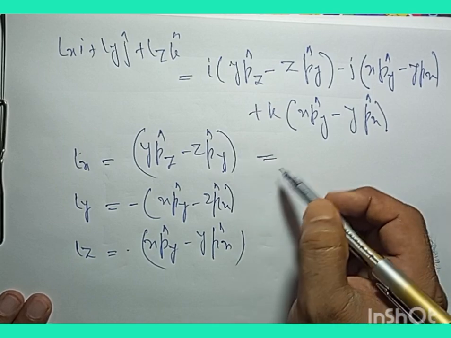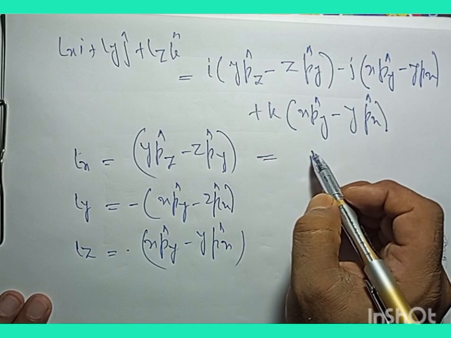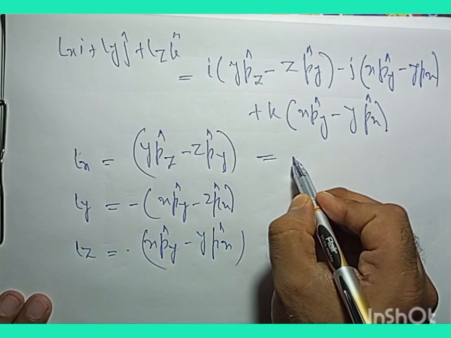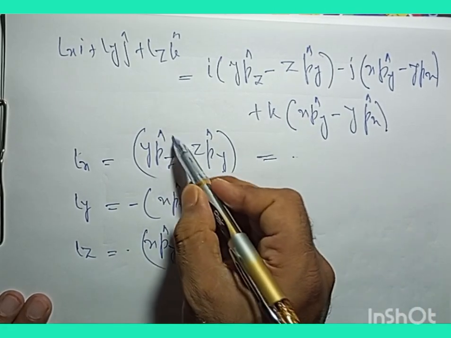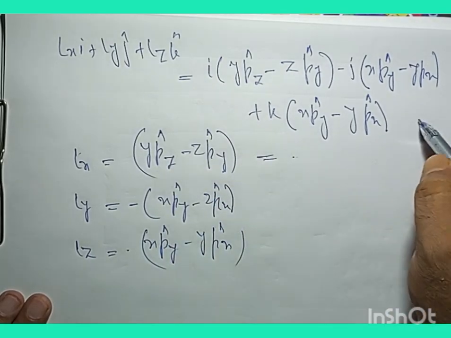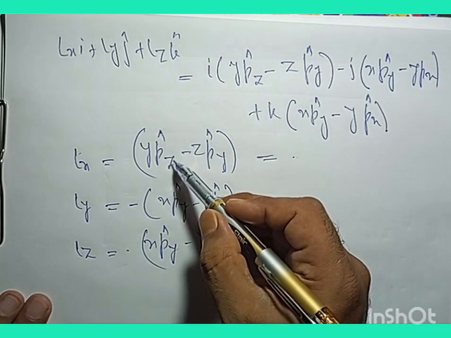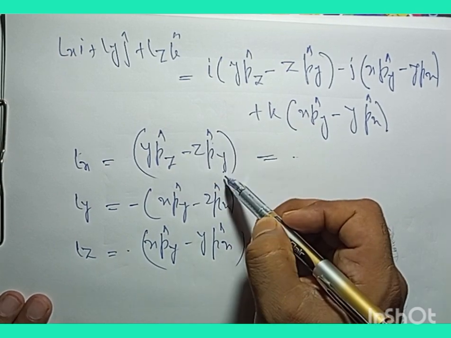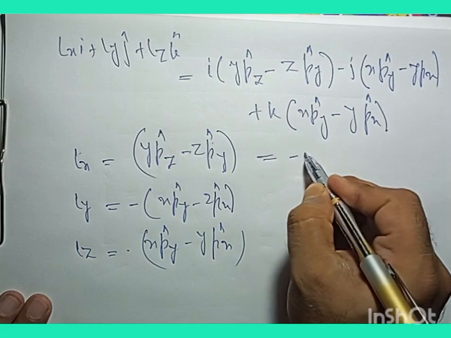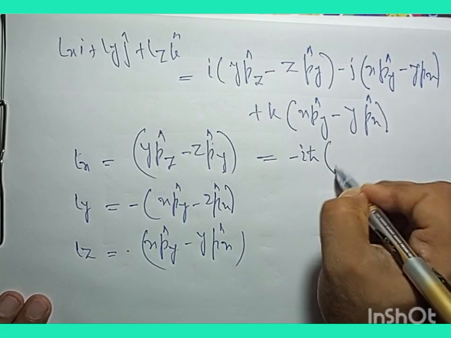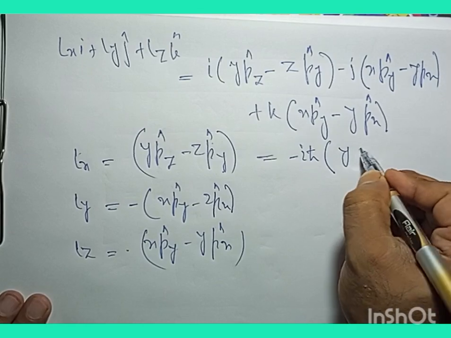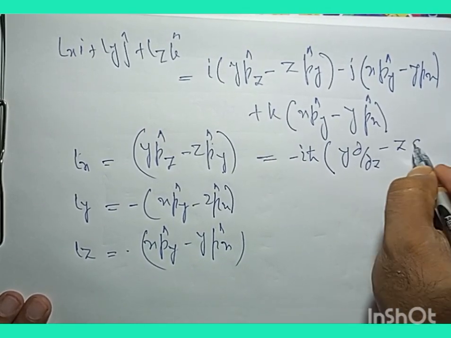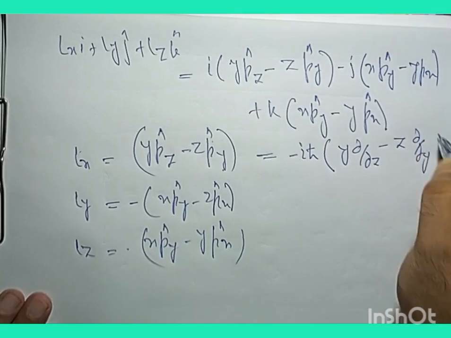If I take the minus out, Pz has its component as minus iħ ∂/∂z, and this has minus iħ ∂/∂y. So minus iħ will be out, and inside we will have y ∂/∂z minus z ∂/∂y.